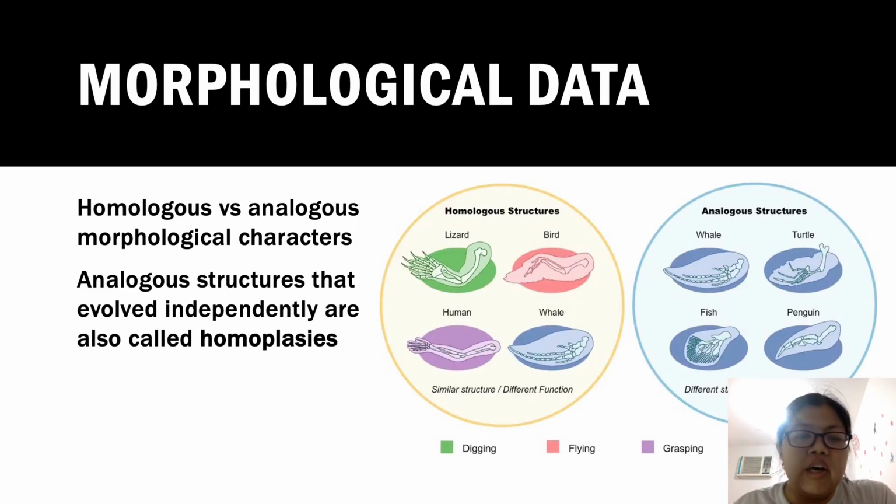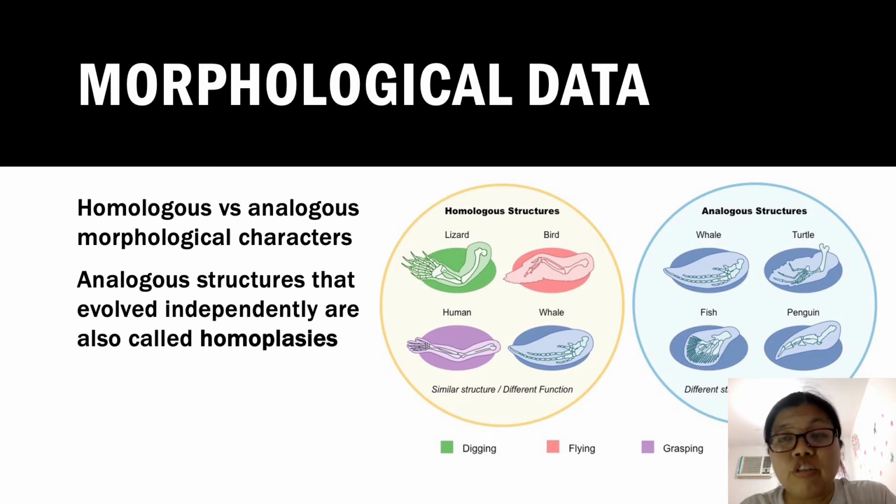Okay, so again, when we say homologous versus analogous, when we say homologous characters, it doesn't mean that homologous characters are of the same function. It can serve different functions, but they can be homologous.